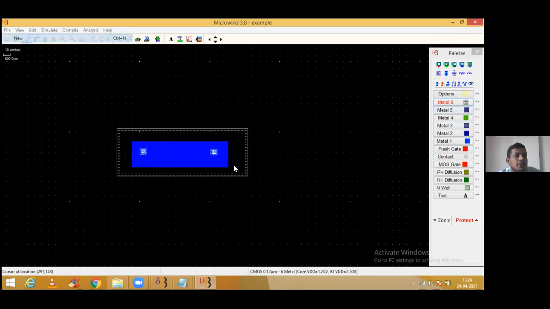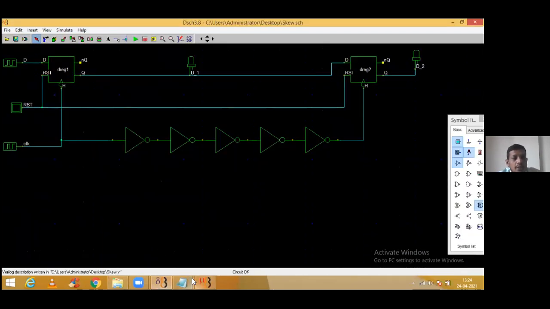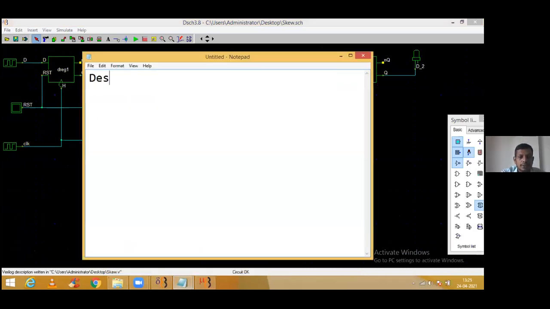Now we are moving towards the next task, which you need to do for me. It's a request to you all: at least 4 or 5 people from your class can share their design so that I can open it over here. The name of the exercise is designing of a differential amplifier. Guys, look at that.